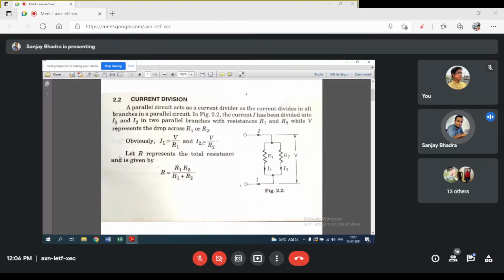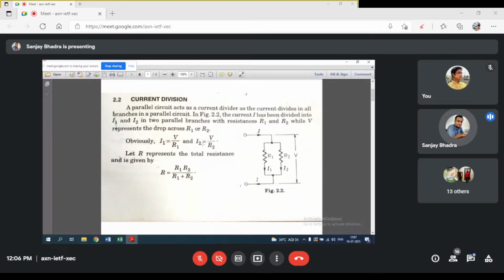I am interested in how much of the total current is heading towards the airport, or towards Sector 5. Clear? This is nothing but the current division rule. Very simple.